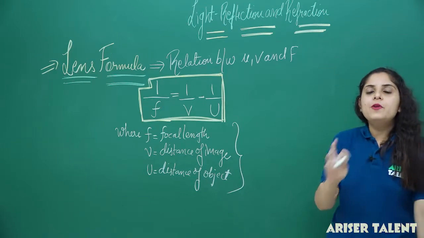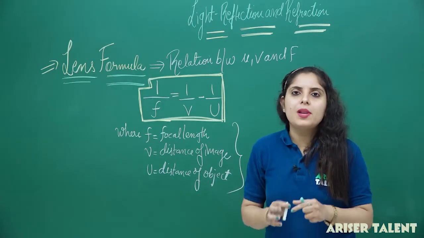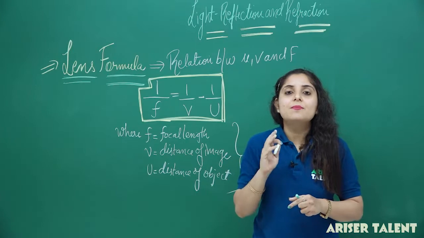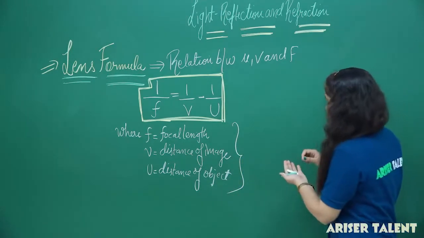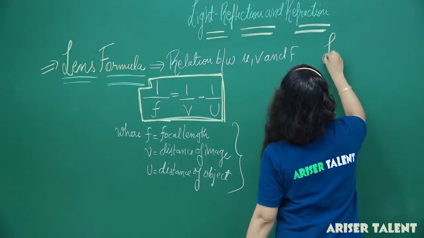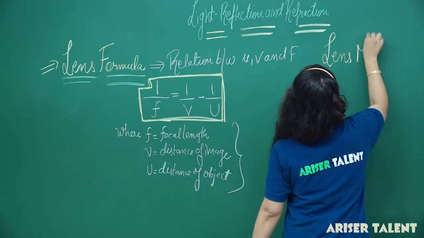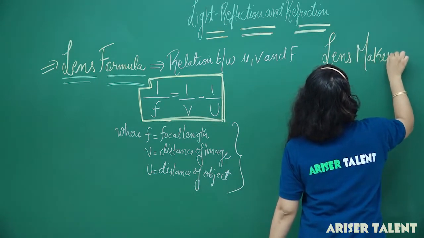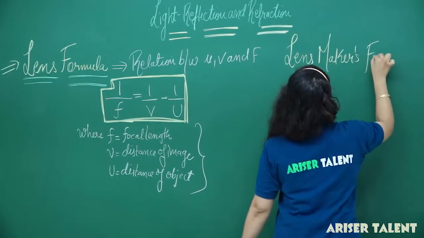Now we have one more formula just like the lens formula, and that is known as the lens maker's formula. So the second thing is the lens maker's formula.